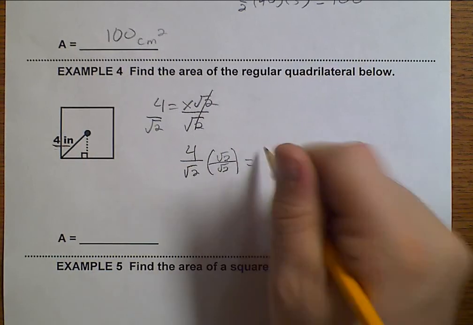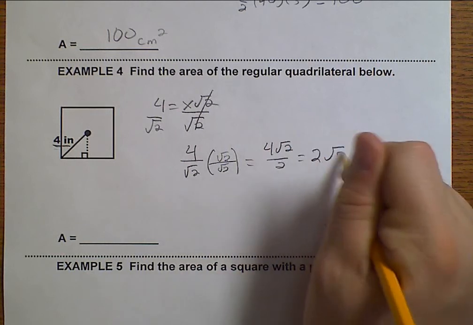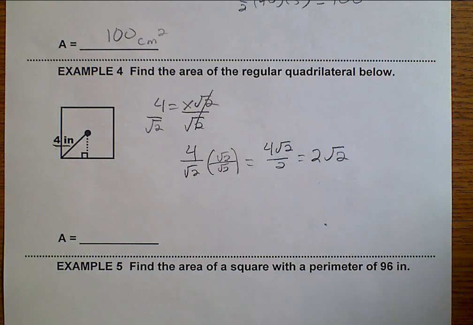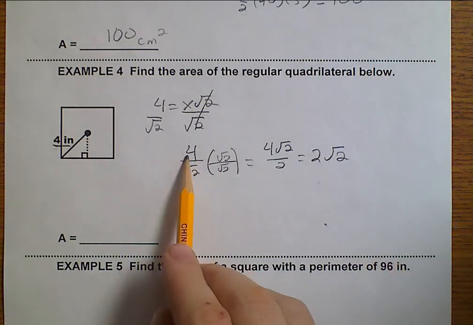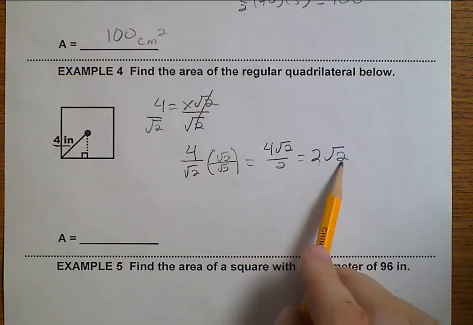That gives me 4 square root of 2 over 2, which is 2 square root of 2. Now, I showed you all that work simply to say, if you take the 4 and you divide it by 2, and then tack on the square root of 2, you'll know what your answer is.